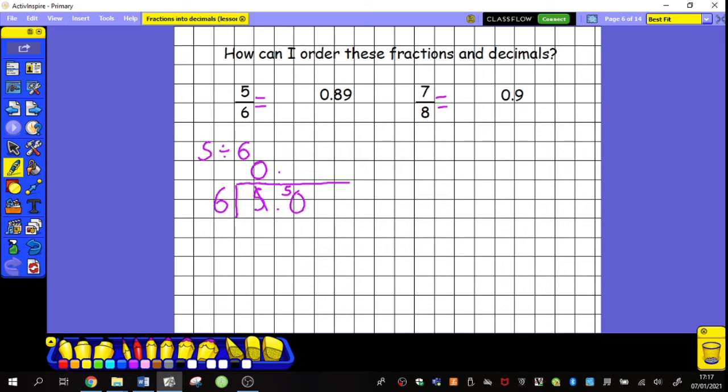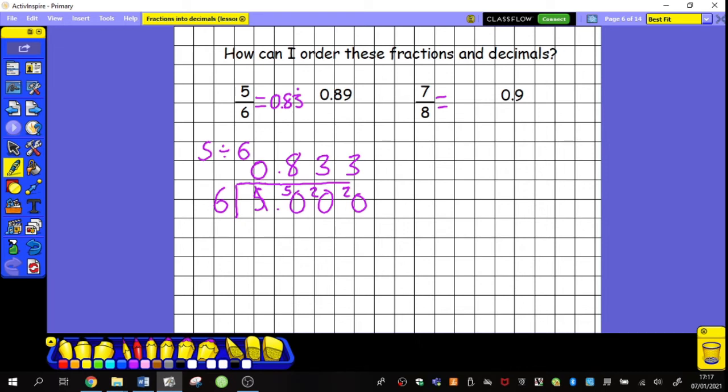So how many 6s go into 50? Well, that would be 8, and I would have 2 remainder. Now how many 6s go into the 20? That would be 3, which is 18, and I would have 2 remainder again. Now I've noticed that that means the 3 would carry on. So I know that 5/6 must be 0.83 recurring. Remember the dot from task 1, that's what I'm going to use here.